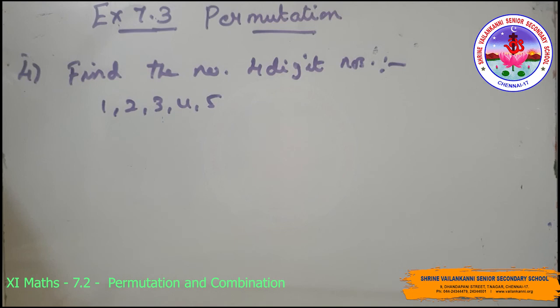Then you have to find how many of these will be even. It's just similar to the third question. So the units place will be filled by 2 digits, which are 2 and 4, so that we can get a 4-digit even number. Then the other places, like hundreds place, tens place and thousands place, can be filled by the remaining 4 digits. So it's similar to the third question, you can do it by yourself.